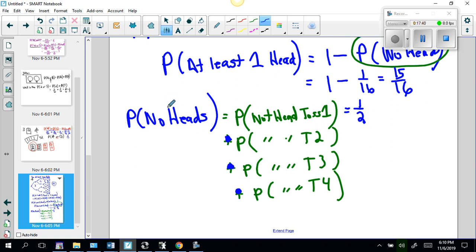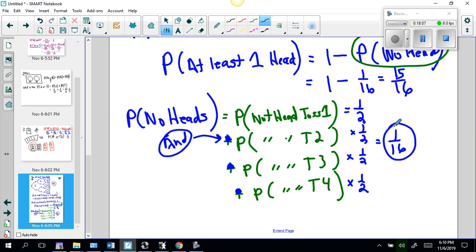So the probability of no heads is the probability of not a head on toss 1, and that's going to be multiplied times the probability of not head on toss 2 times the probability of not head on toss 3 times the probability of not head on toss 4. So you get 1/2 times 1/2 times 1/2 times 1/2 is 1/16.